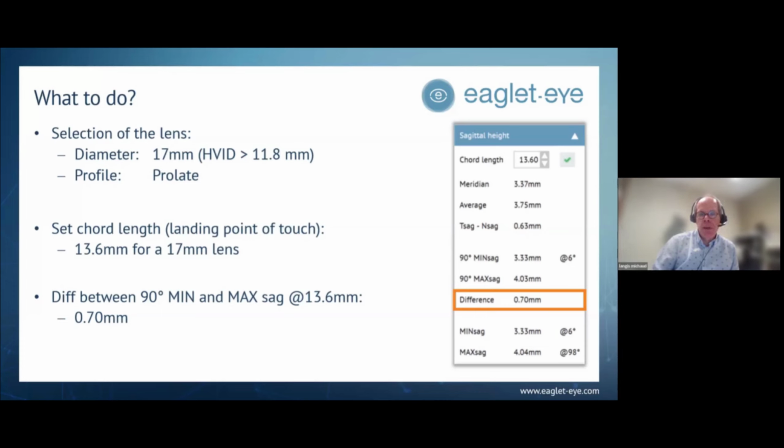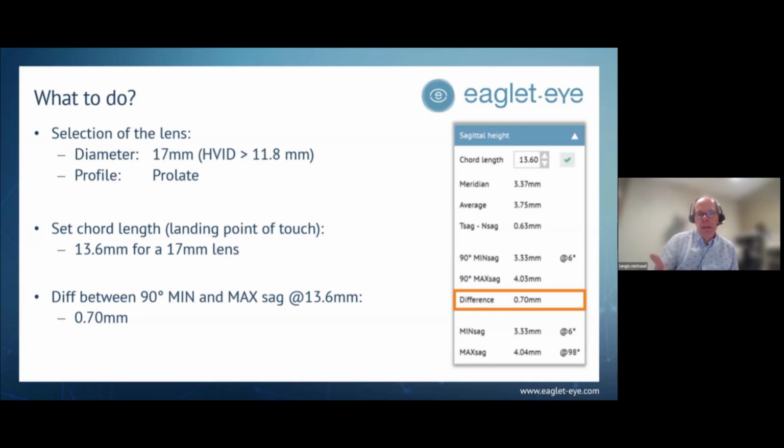And the way to determine the toricity to put in that lens in order to land nicely in every quadrant, you can just scan and look at how many microns you are in depth or elevated compared to the other ones. But I also like to play with the software itself. It will give you the sagittal height along a given chord length.